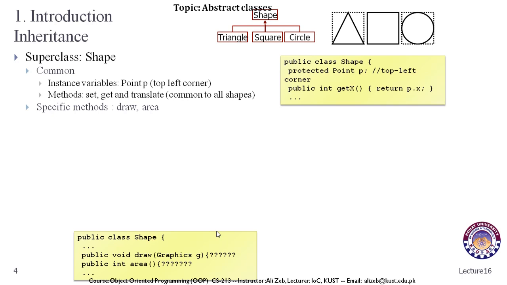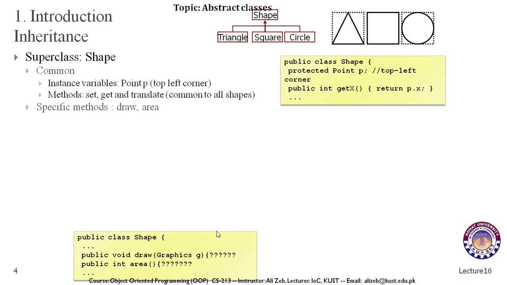And if we call the draw method of the shape class using an object of the shape class, what shape will be drawn? We have no idea because the shape in itself is not a specific object. A shape can only possibly be, in this case, a triangle, a square, or a circle. The shape, as we understand, has no existence of its own.